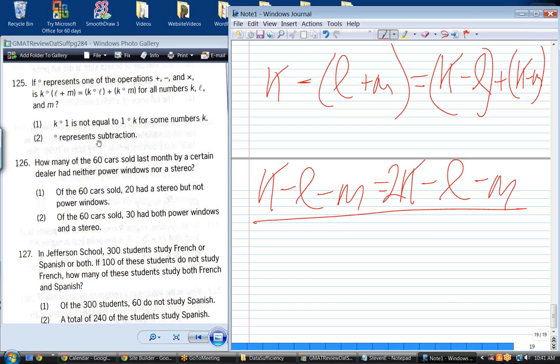Let's look at 2. Number 1, subtraction seems to work. How so? I end up with K minus L minus M equals 2K minus L minus M, which would mean K equals 2K.